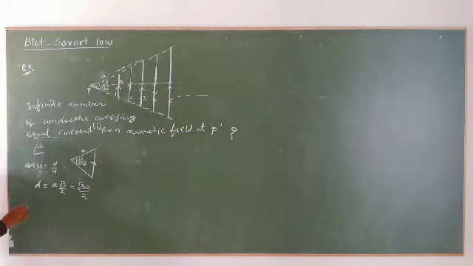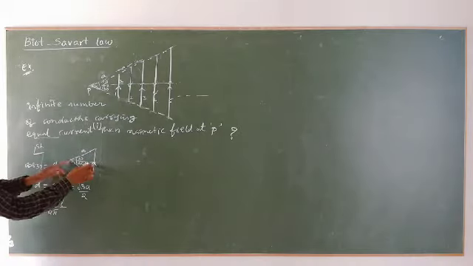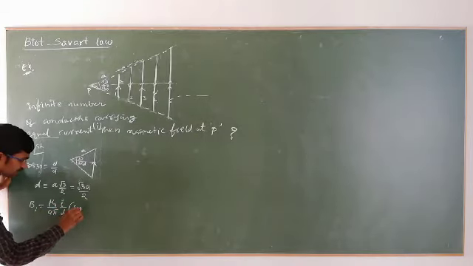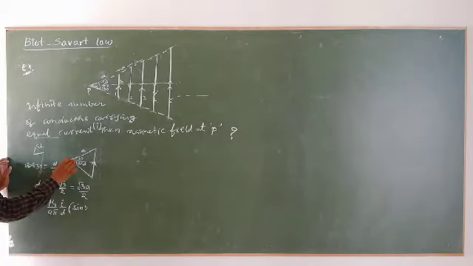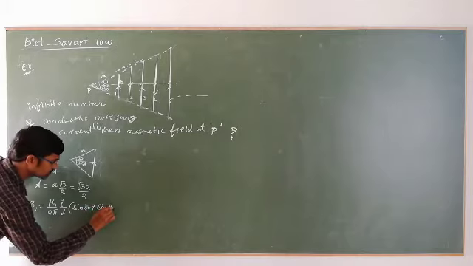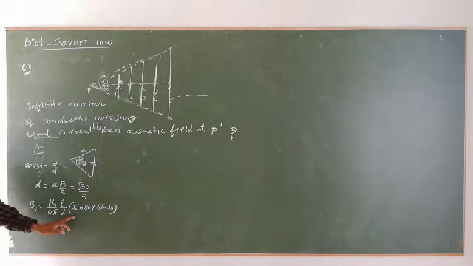Now what is the magnetic field due to this one? B1 is equal to mu naught by 4 pi into I by D into sin theta 1 plus sin theta 2. Sin 30 plus sin 30. Sin 30 is 1 by 2, 1 by 2 plus 1 by 2.